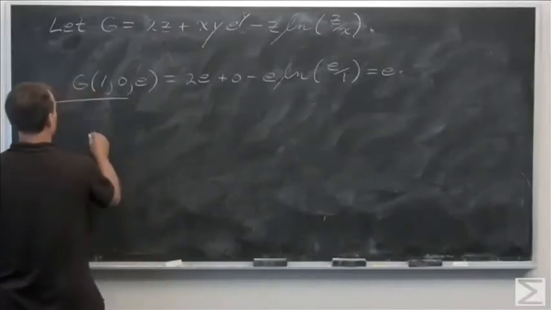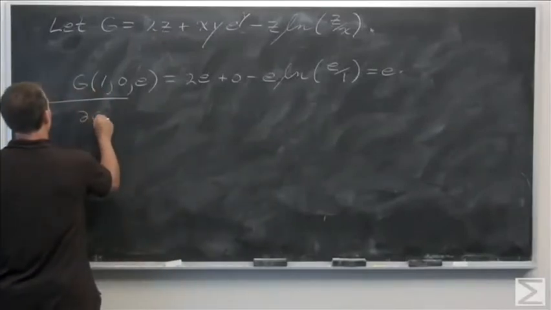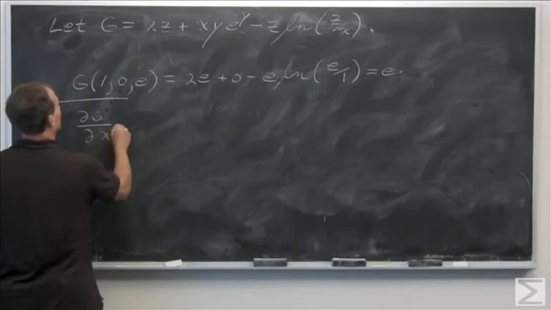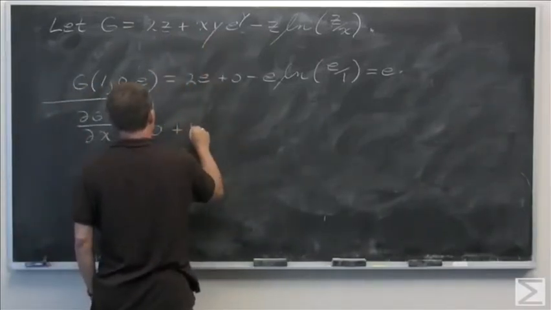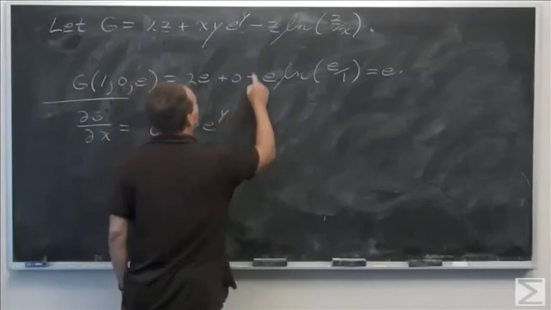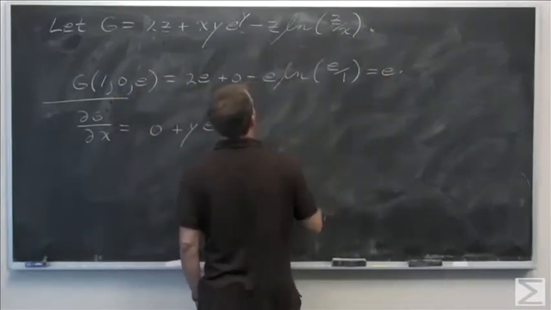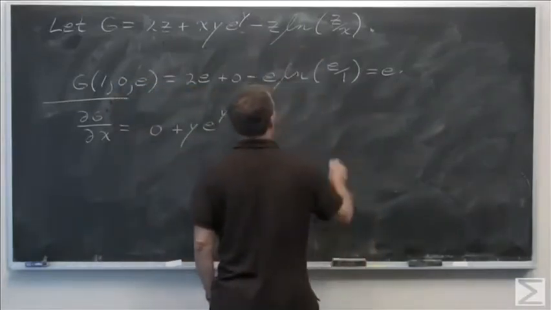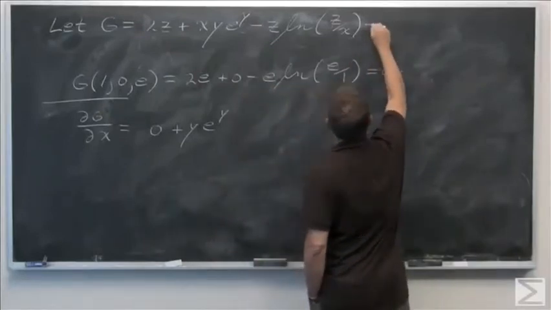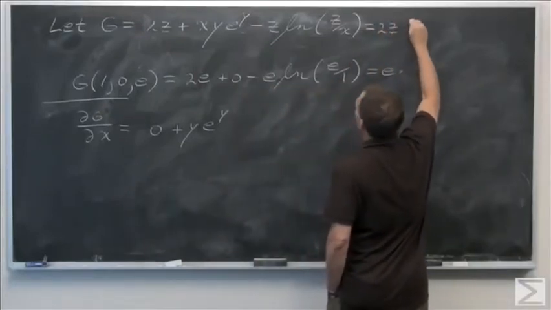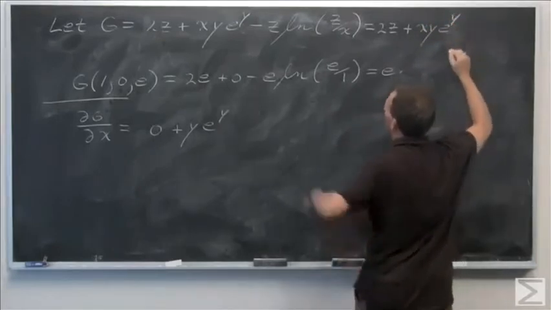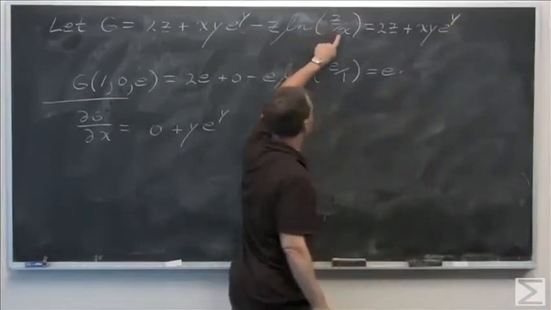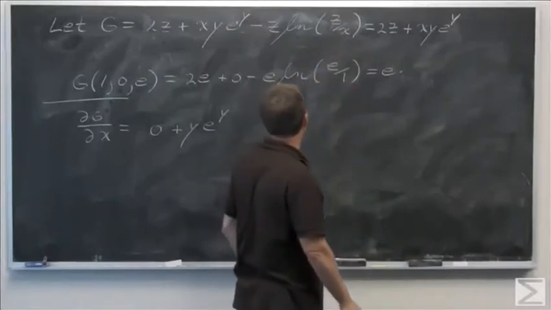But let's check these partial derivatives. Partial derivative of g with respect to x. All right, 0 here. With respect to x here, we get y e to the y. With respect to x here, well, you could write this out. In fact, it would probably be nice to go ahead and have this throughout the problem. We can use properties of logs and write this as the natural log of z minus the natural log of x.